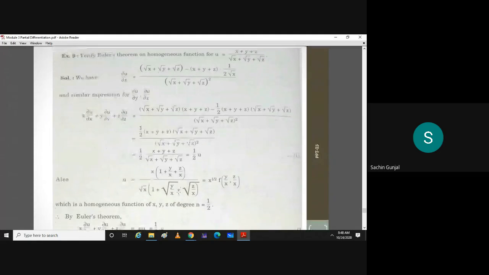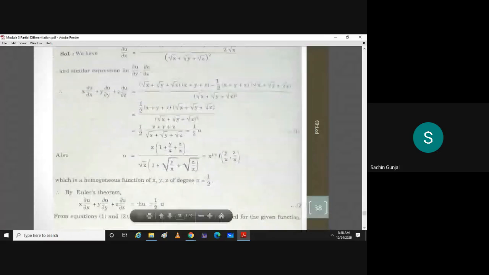Good. Okay, verification means you need to calculate ∂w/∂x, ∂w/∂y, ∂w/∂z, then multiply by x, y, z, and then add them and check whether the value of that expression is equal to n into the given function. Got it?